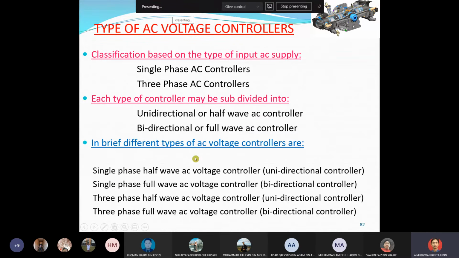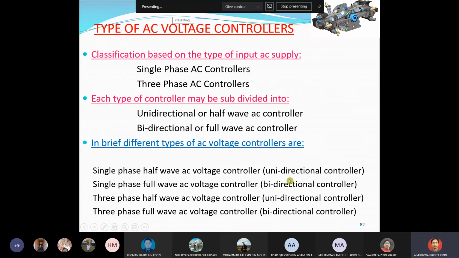So in brief, the different types of AC voltage controller are single phase half wave. Single phase means we have control in one place only. Then we have single phase with two, so control on top and bottom. And then we have a combination: 3 phase half wave, and 3 phase full wave.